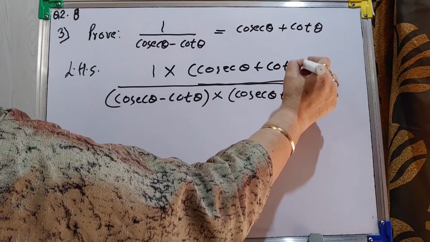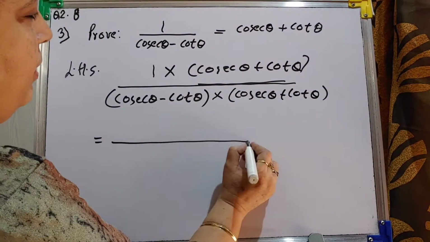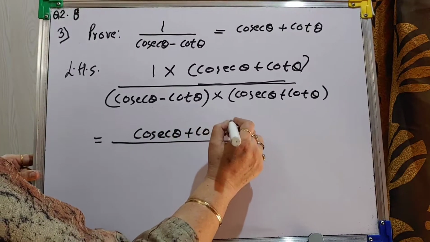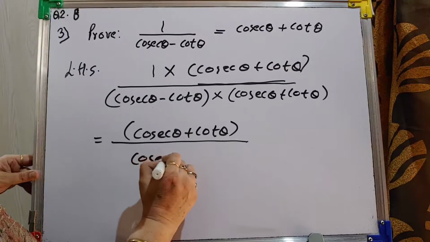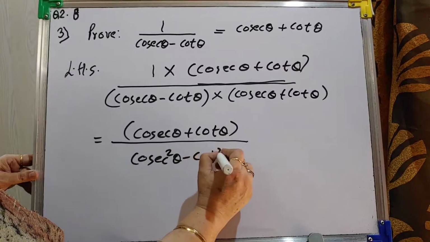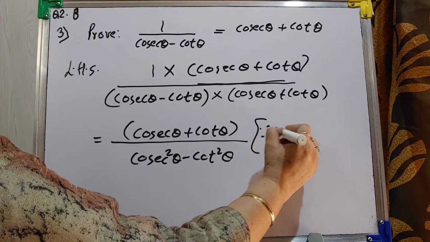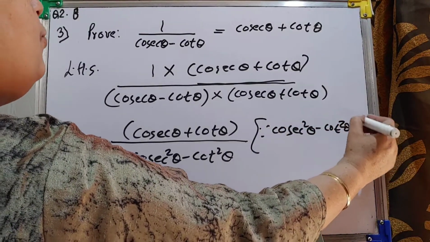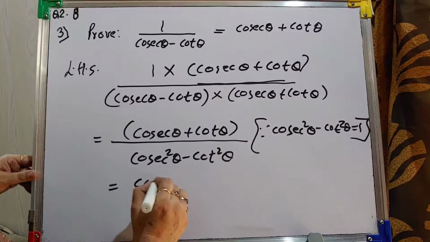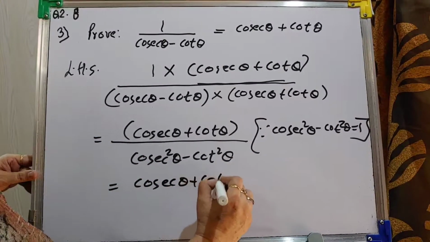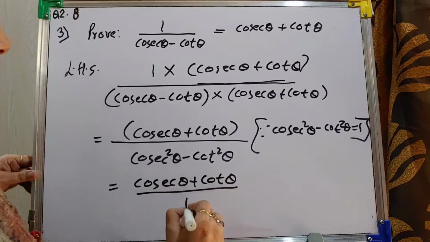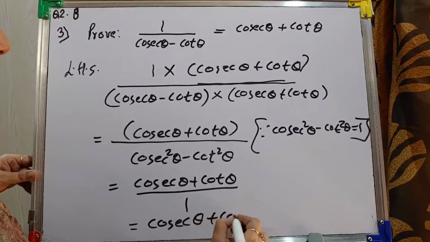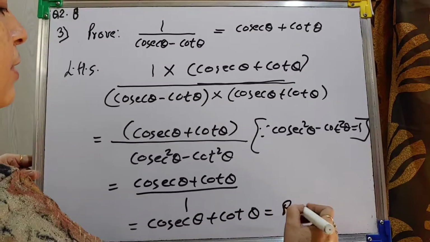When you multiply 1 with the numerator, it will be cosec theta plus cot theta as it is. Down it will be cosec square theta minus cot square theta. Since cosec square theta minus cot square theta is 1, cosec theta plus cot theta upon 1 means nothing, so it will be cosec theta plus cot theta, and that is only our RHS.